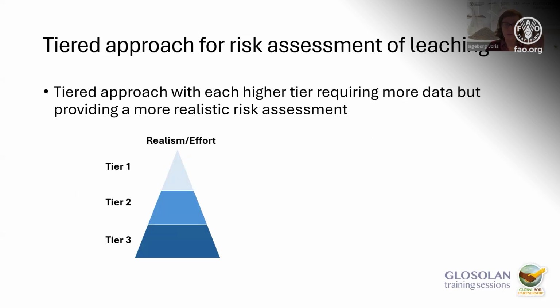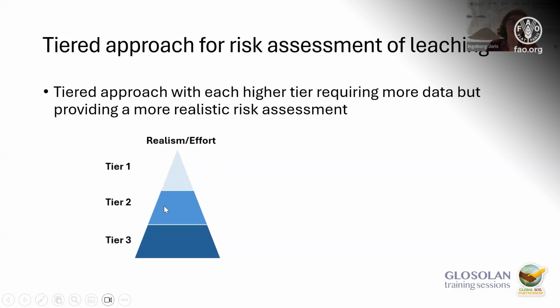It means that the risk will be assessed to the high side. If you don't know it, you go a bit high. But if you have a situation that passes even your tier 1 assessment, you know, okay, there's no risk.